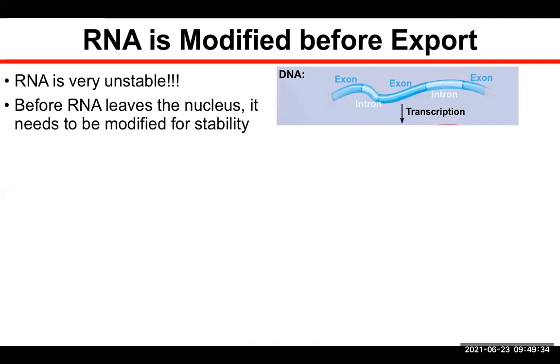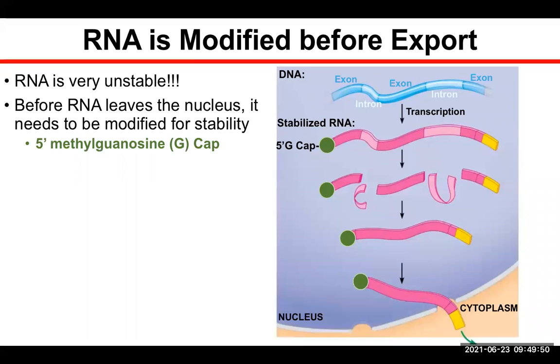So before the RNA even leaves the nucleus, there have to be a couple of modifications made to this newly synthesized RNA strand, so it can be stable and not get degraded by other enzymes within the cytoplasm.